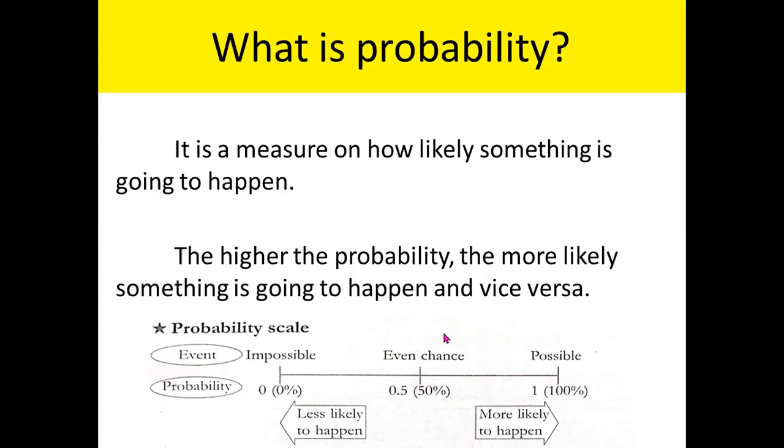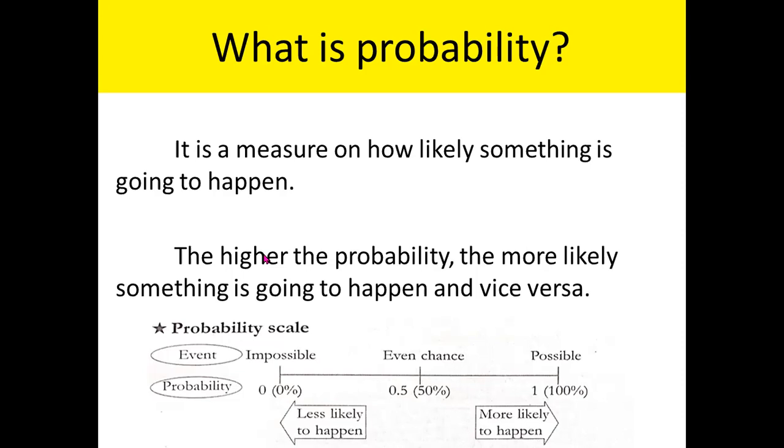So that means we can use the probability scale in order to tell how likely something is to happen. For example, you buy one ticket for a lottery. What is the chance of winning the lottery?